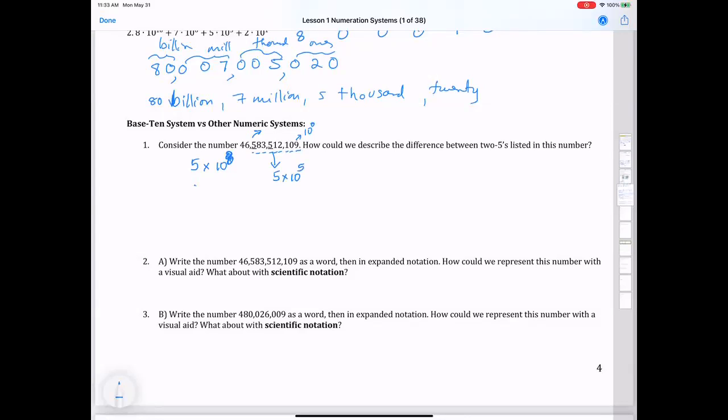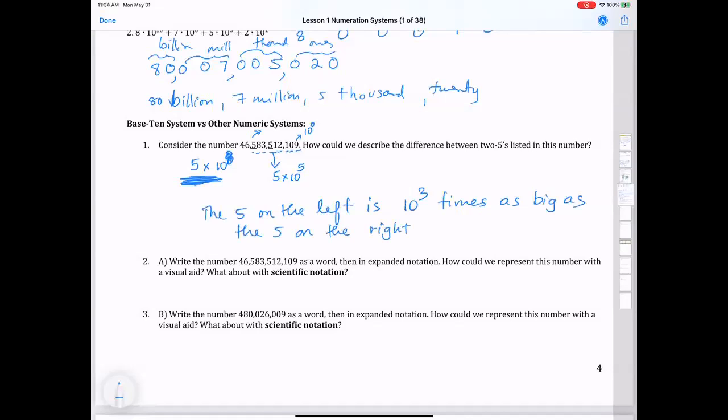So the difference between the two is that the 5 on the left is 10 to the third times as big as the 5 on the right.